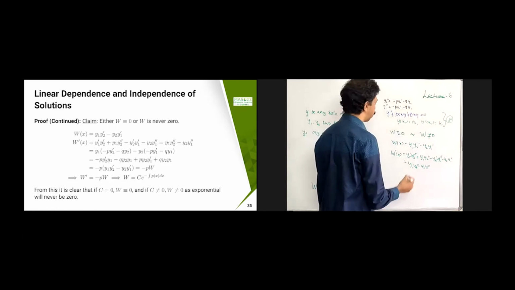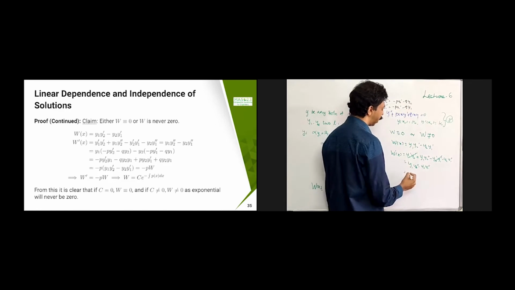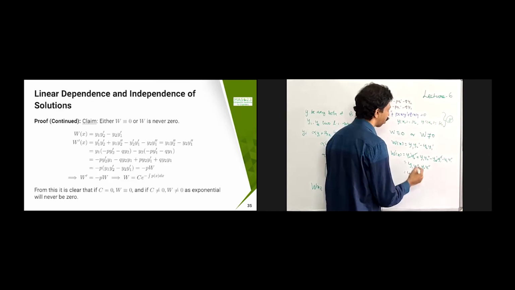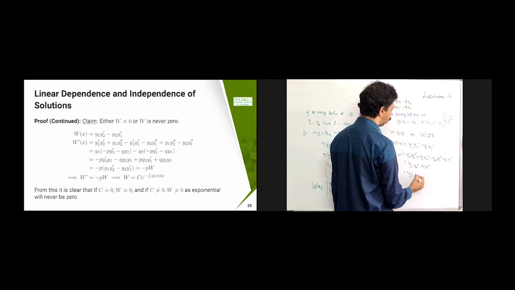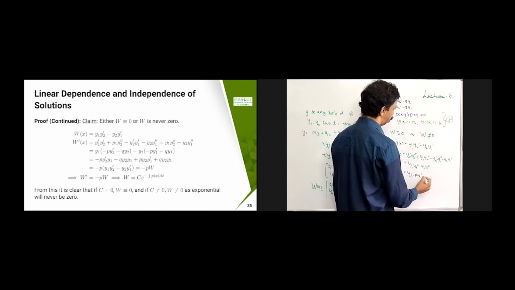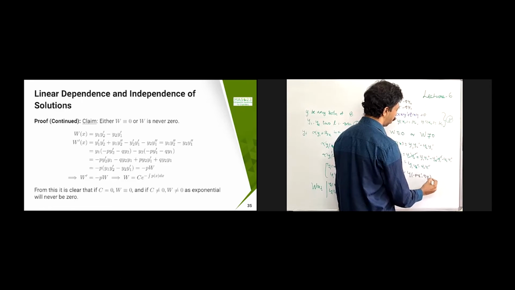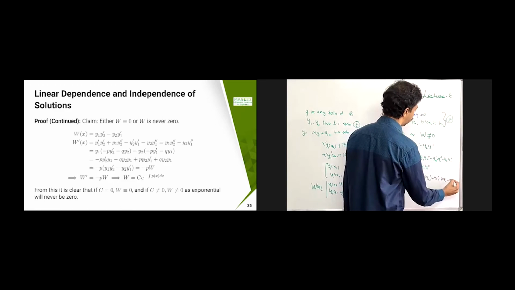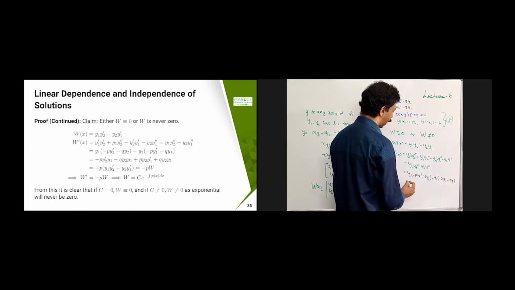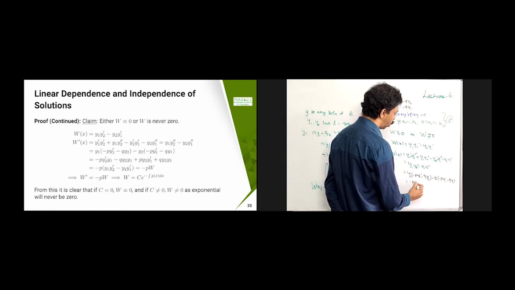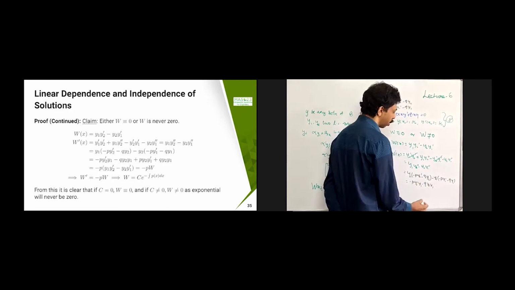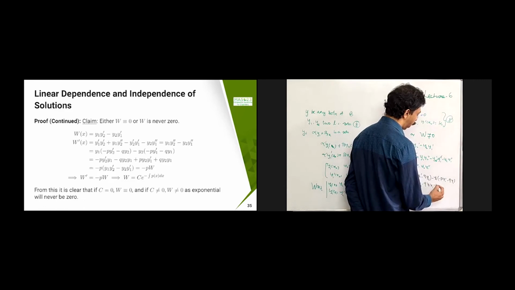So I substitute: y1 times minus p y2 dash minus q y2, minus y2 times minus p y1 dash minus q y1. So this one I can simplify: minus p y2 dash y1, minus q y2 y1, minus y2.